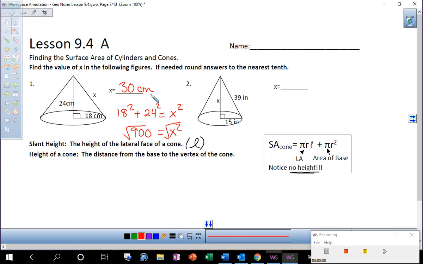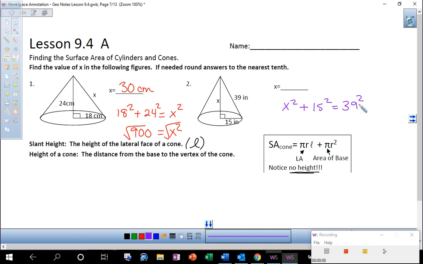And then if for some reason you would need to find the actual height, 15 is one short side, x is the other short side. So we've got x squared plus 15 squared equals 39 squared.